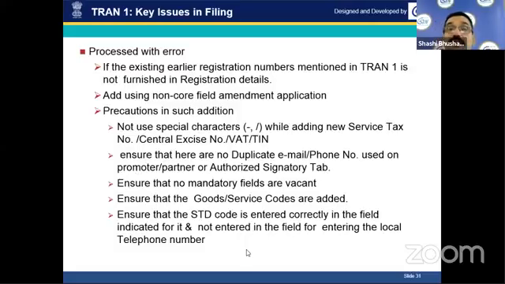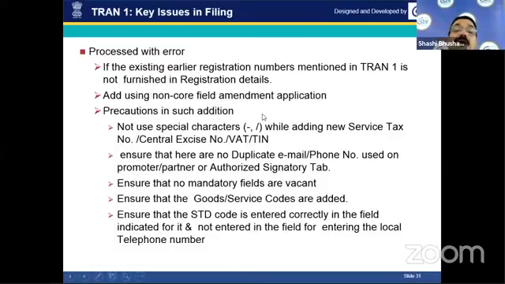Now, frequently people have failed to add them at the time of migration or at the time of new registration. So then what they need to do is use the non-core field amendment application and add these new registrations in their specific tab. So if you are adding a central excise registration, you should select a central excise head and then declare the central excise registration and not any other one. Similarly, if you want to add service tax registration, you should use the service tax head and then add the service tax registration.